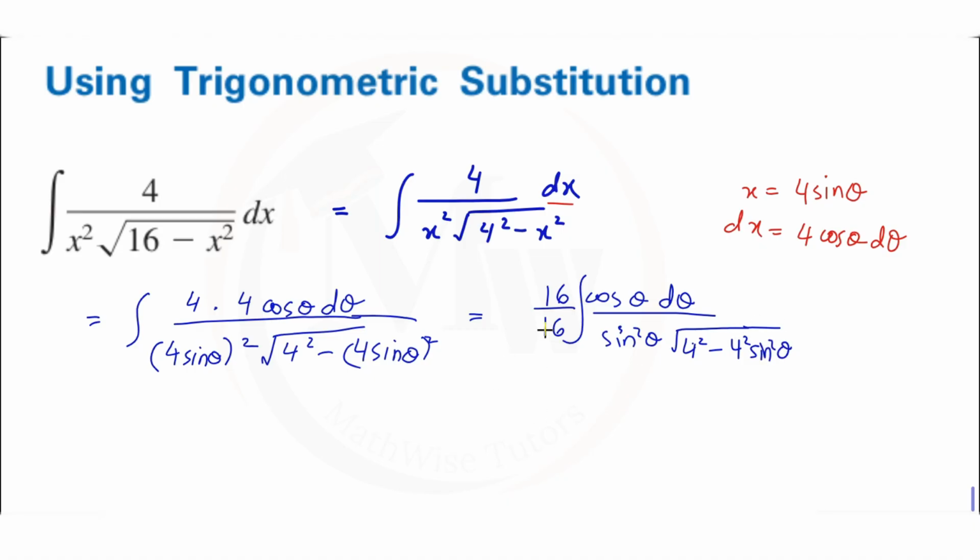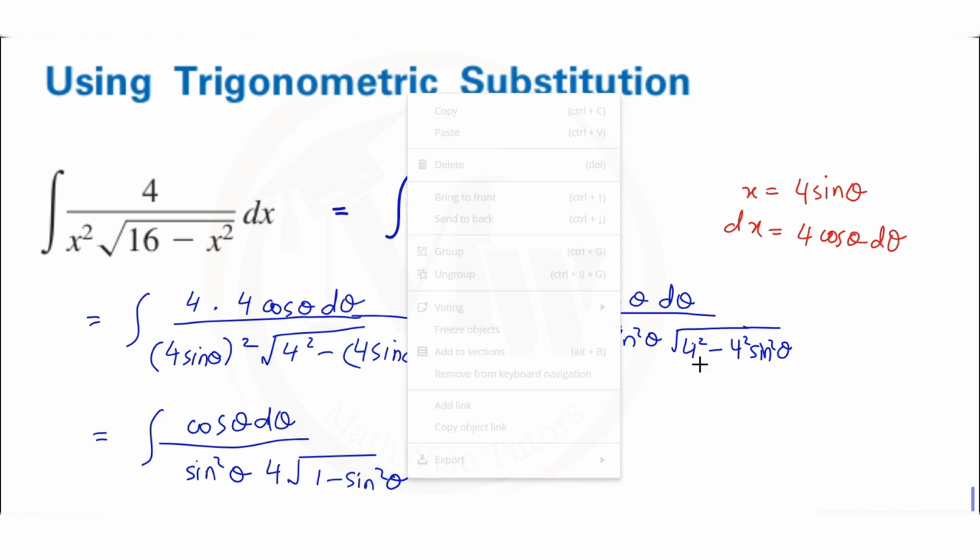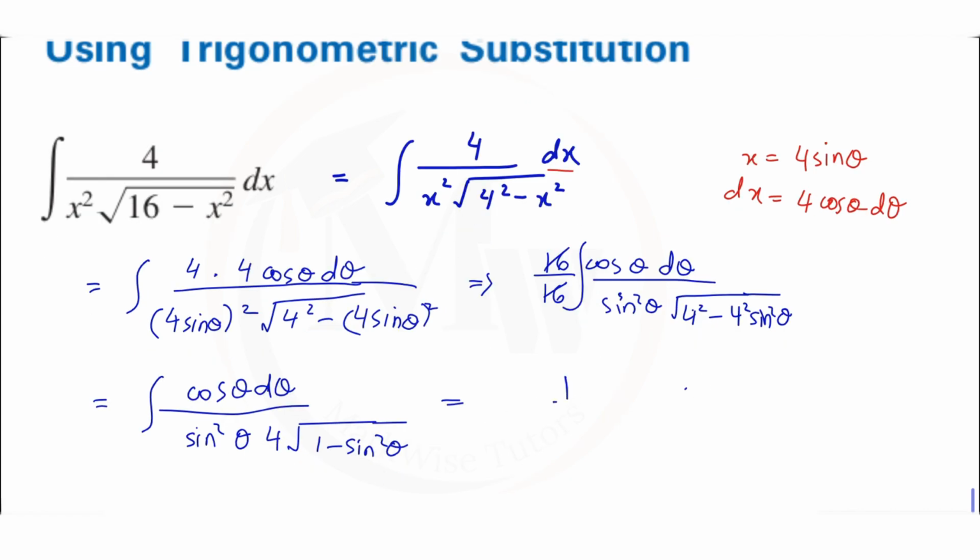So now this 16 and this 16 cancel out. You are left with cos theta d theta divided by sine square theta, and under the square root this is 4 square. So when it comes outside of the square root, it just becomes 4, and it leaves 1 minus sine square theta d theta. This 4 comes outside, 1 by 4. The numerator is just cos of theta d theta.